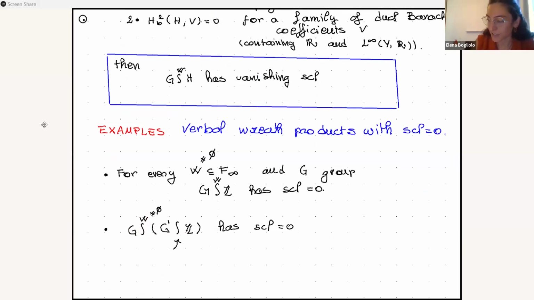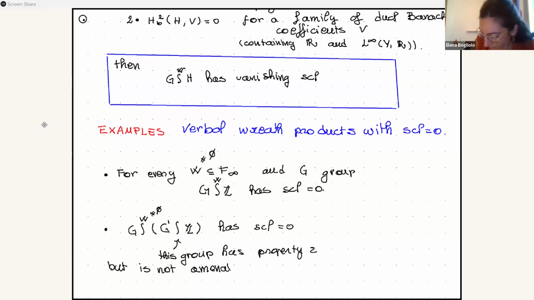This doesn't change the result. This is allowed because this group has property 2, but this extends the result by Monod because this group is not amenable when G prime is not amenable.